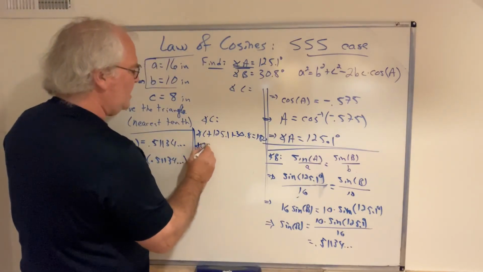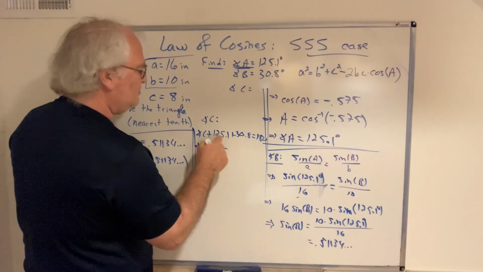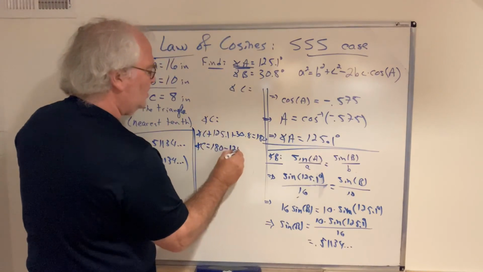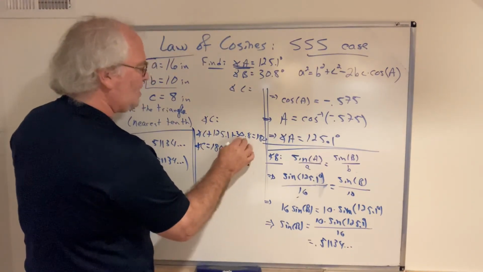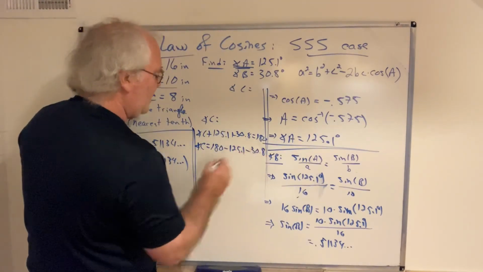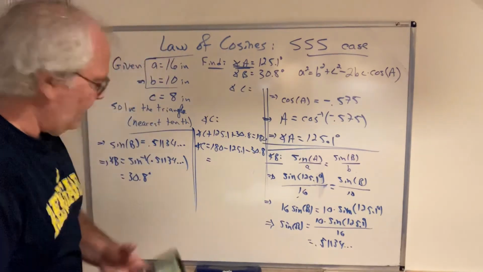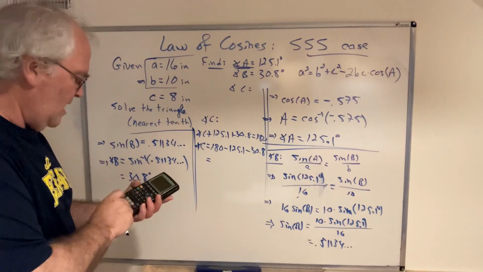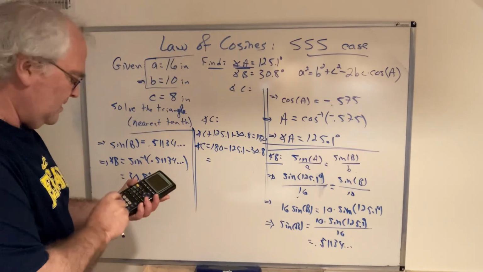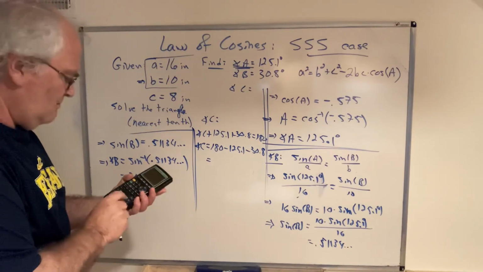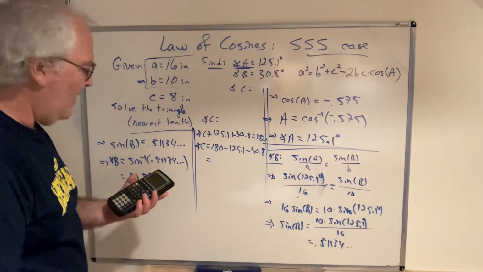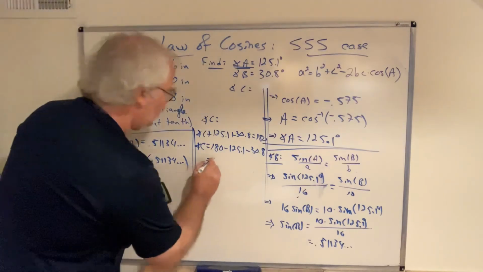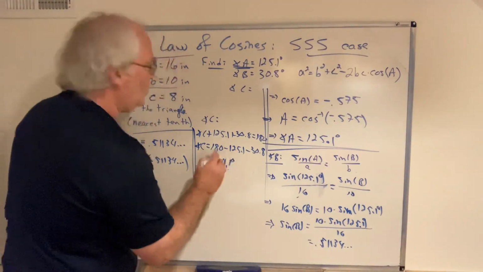So angle C is 180, subtract off the 125.1, subtract off the 30.8. That's 180 minus the 125.1 minus the 30.8. And there's a little round off error accumulated, but that's 24.1 degrees.